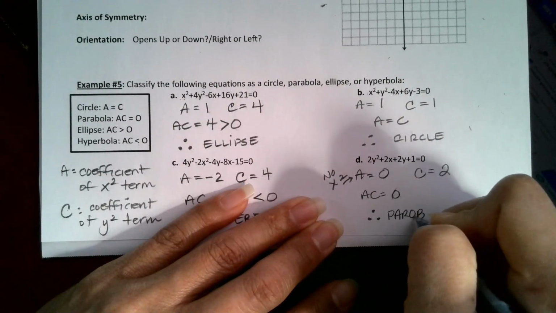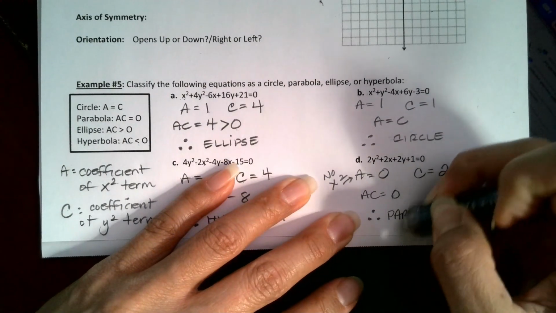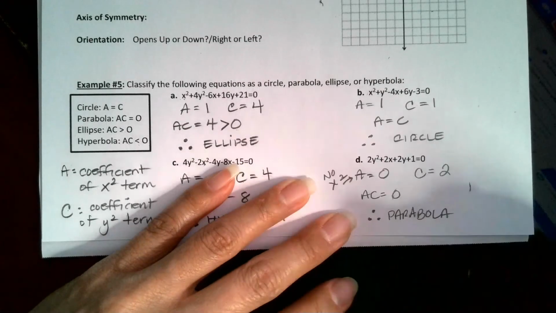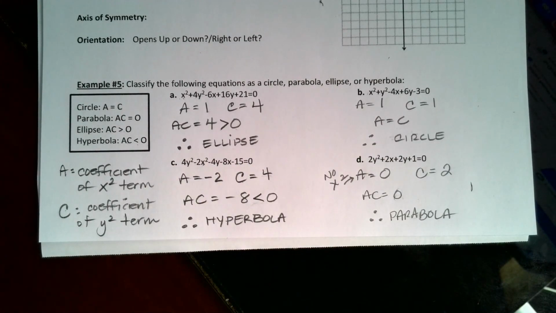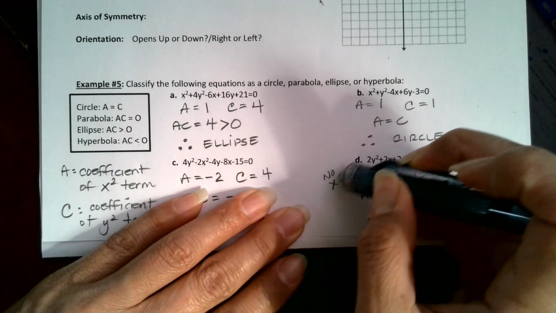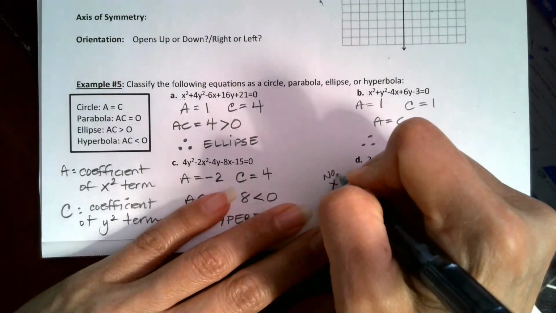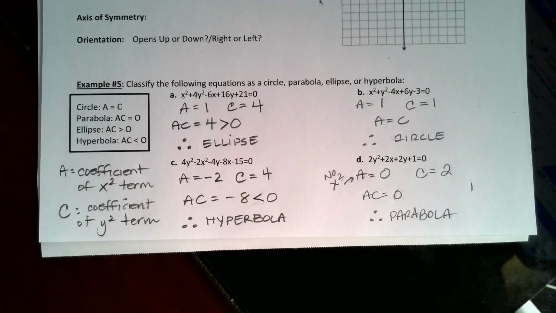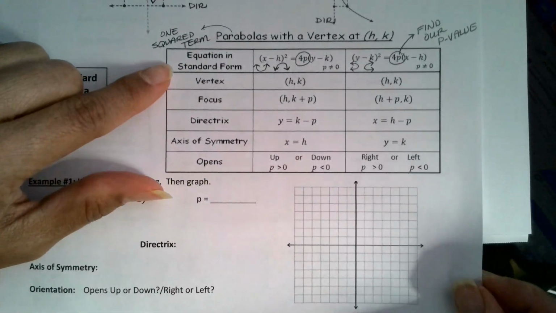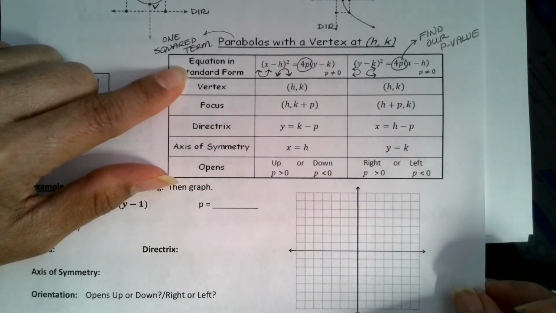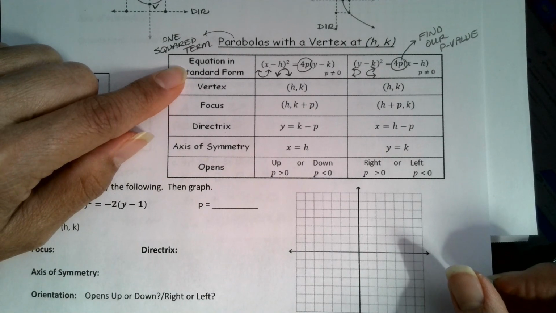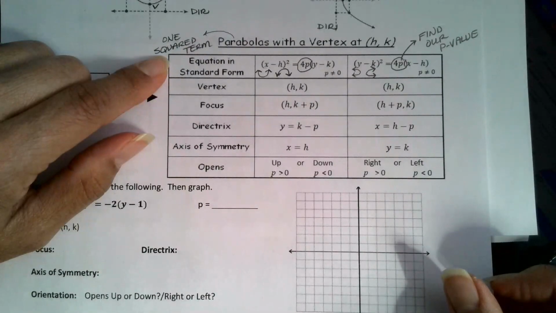And that makes sense. Parabola. We're going to have a parabola conic because of the missing squared term. And again, that makes sense because didn't I tell you when we first started, when we were looking at the table, that one of the main differences between the standard form for parabolas and that of hyperbolas and ellipses is that this one only had one squared term.